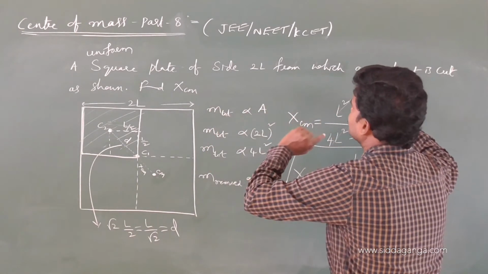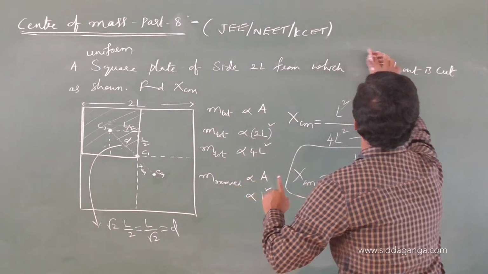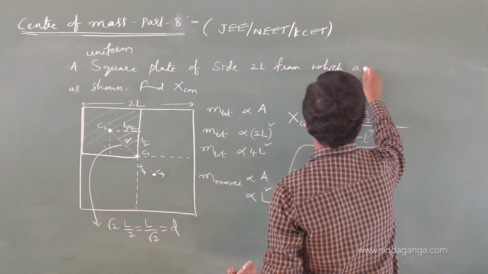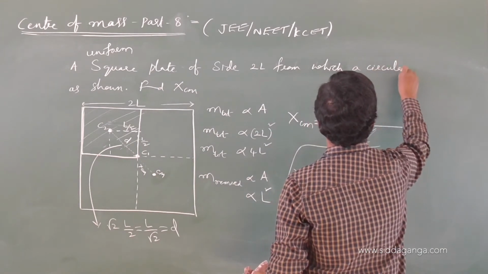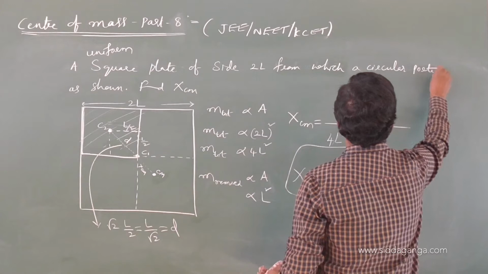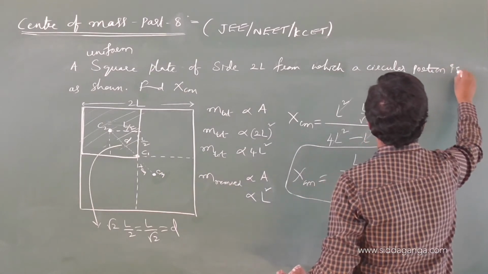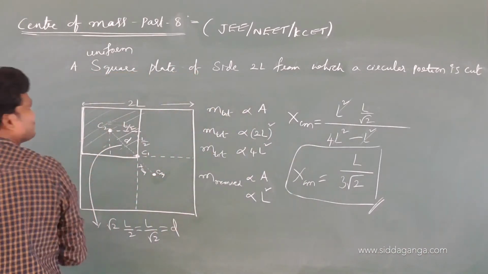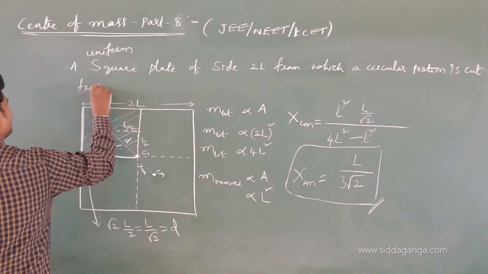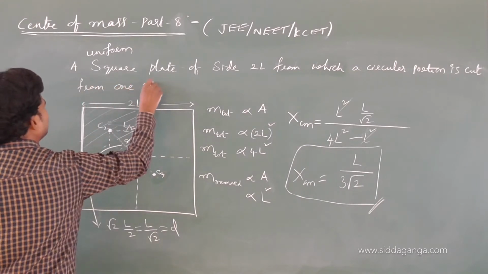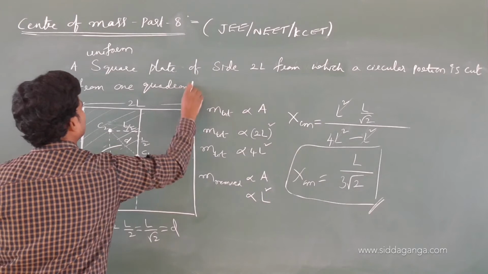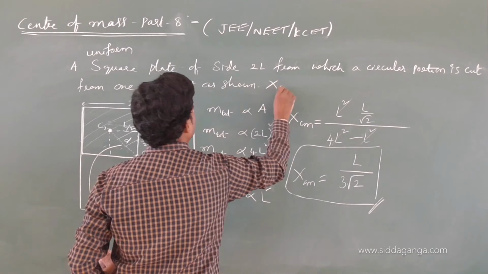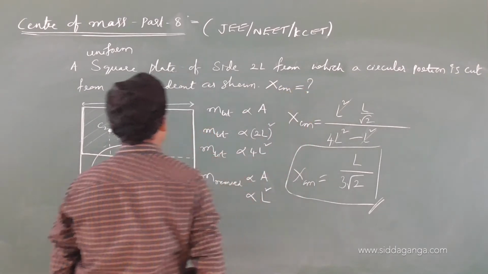A uniform square plate of side 2L from which a circular portion is cut from one quadrant, as shown, then find XCM, shift in center of mass.